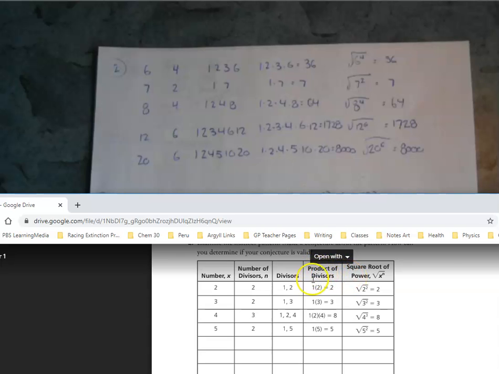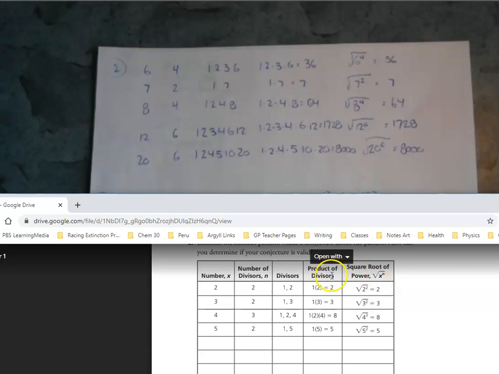It's like, what happens if we multiply those 2 divisors together? What do we get as a product? And then what happens if we take the number, so x, raise it to the power of how many divisors there are, n, and then after we've done that, we square root the value. What's the number we get?